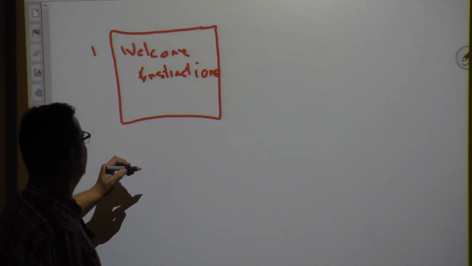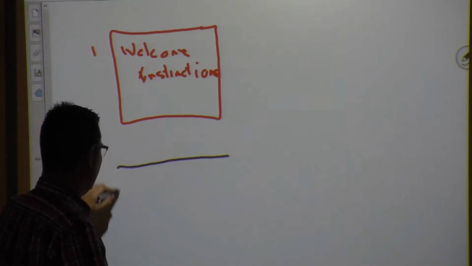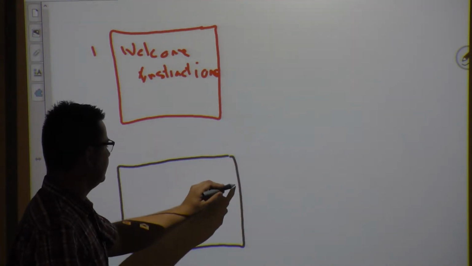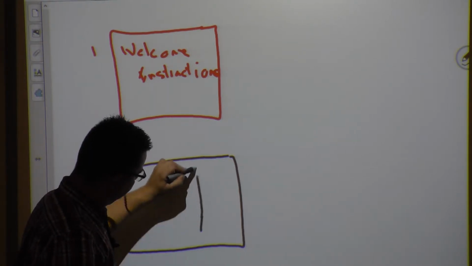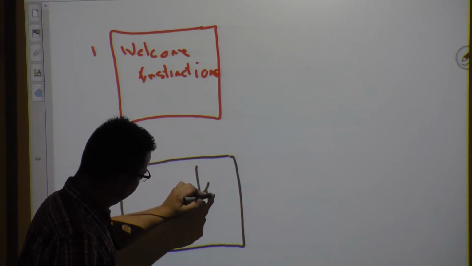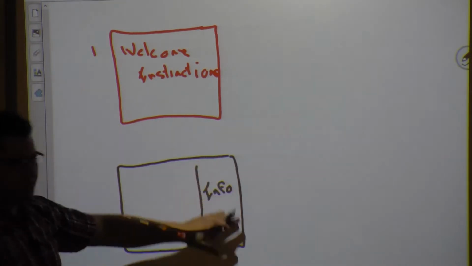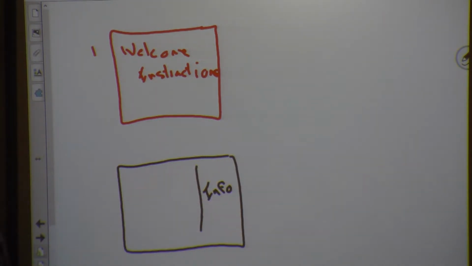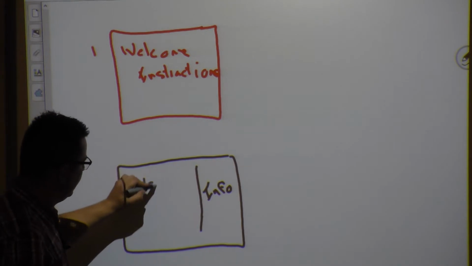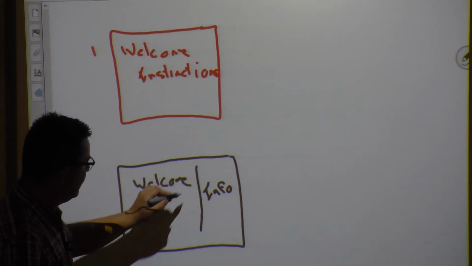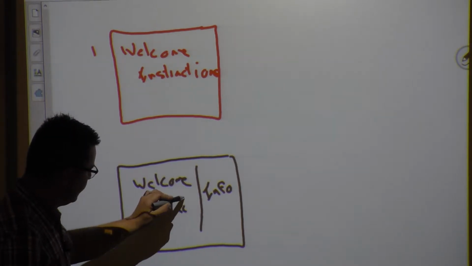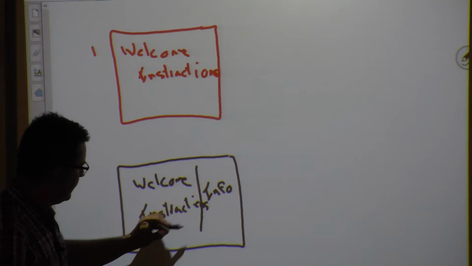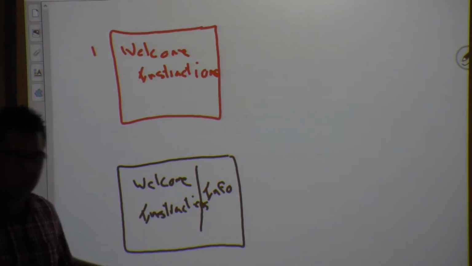You can say, if we do this, I would rather do this, and have some general information to decide. And then you can say, okay, welcome and instructions in this portion.